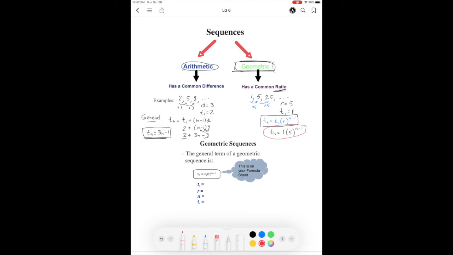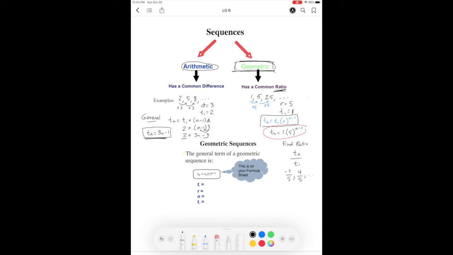All right. Now I'm just going to bring to note that when you're trying to find the ratio, this little guy, this T2 divided by T1, is quite important to know, because sometimes you'll have a sequence of numbers, for example like this, that you look at and I can't really see what the ratio is.